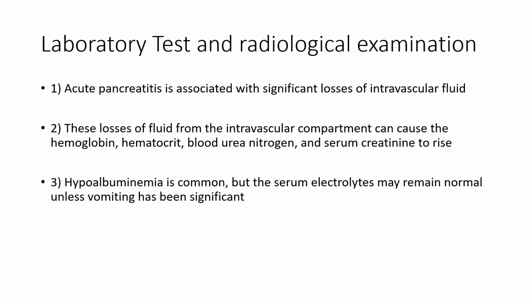Acute pancreatitis is associated with significant loss of intravascular fluid. These losses from the intravascular compartment can cause hemoglobin, hematocrit, blood urea nitrogen, and serum creatinine to rise. Hypoalbuminemia is common, but the serum electrolytes may remain normal unless vomiting has been significant.